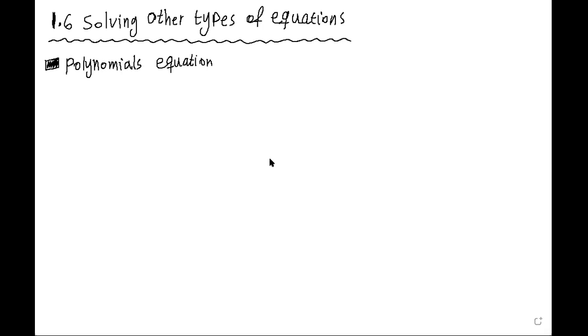So the polynomial equation, for example, I will start by explaining with an example.